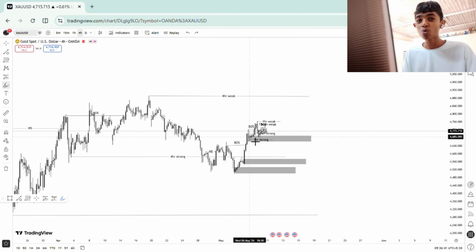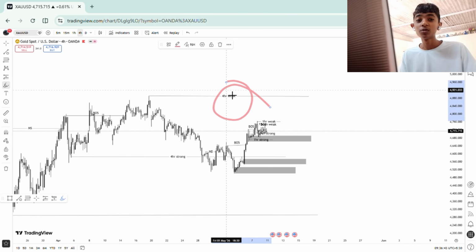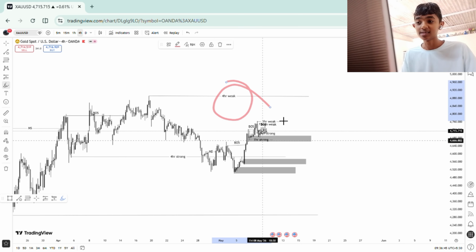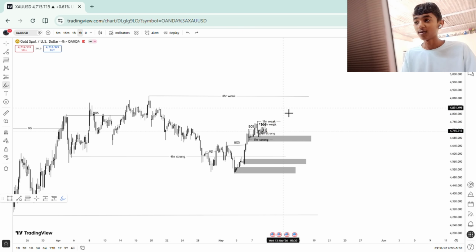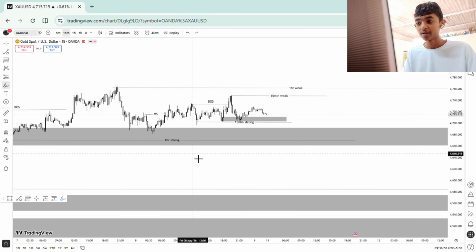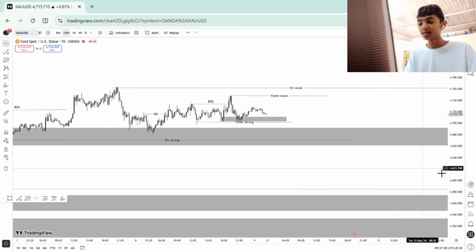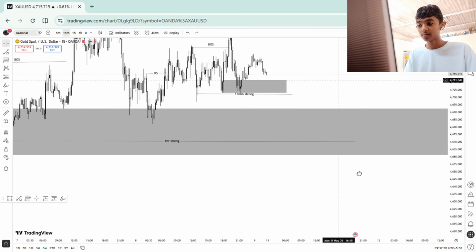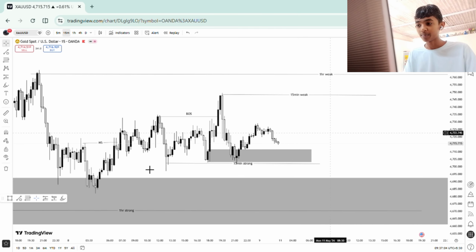So if you are so aggressive and you want to swing for the fences, you can target this 4 hour weak high. And now our other plan is for intraday traders and scalpers. Now if you are an intraday trader, price has already broken past the 15-minute high and made a market shift, then a breakout structure.